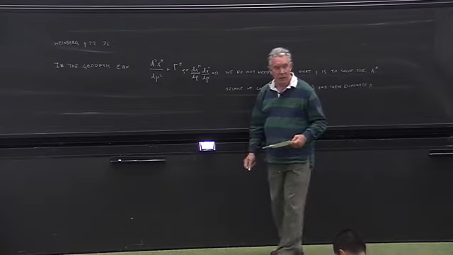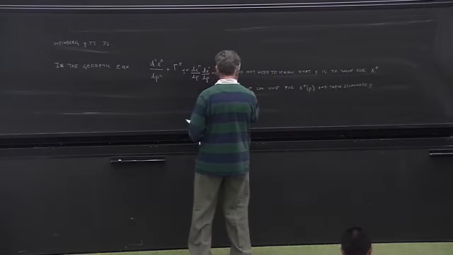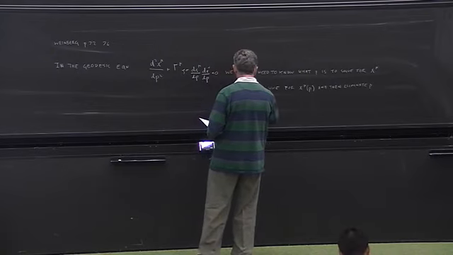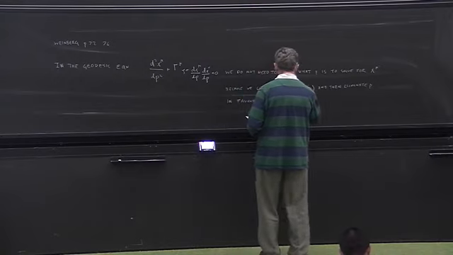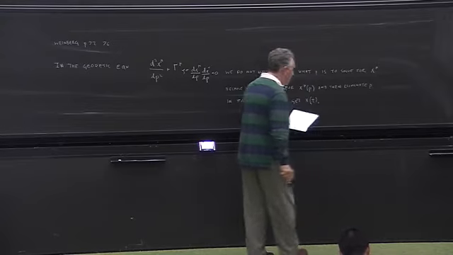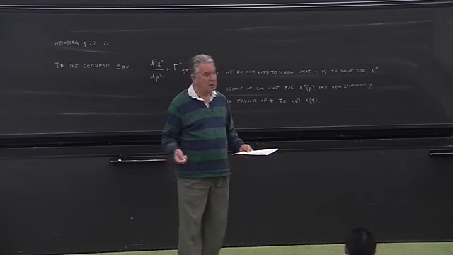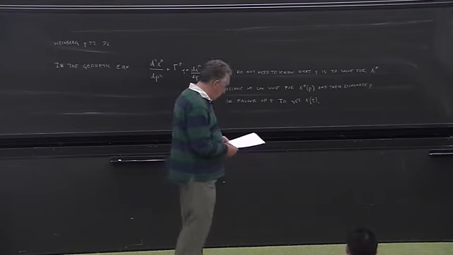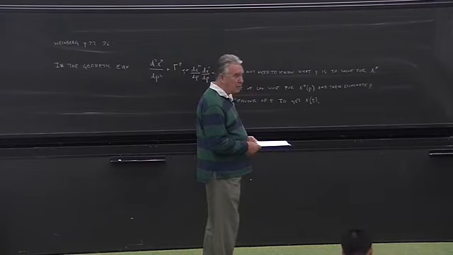And I'll be giving you an example of what I mean by this in a moment. And then we get x of t. And once we've got x of t, we've forgotten about p. It was just an intermediate device. So when do we need to know what p is?